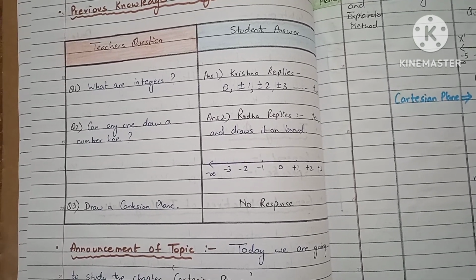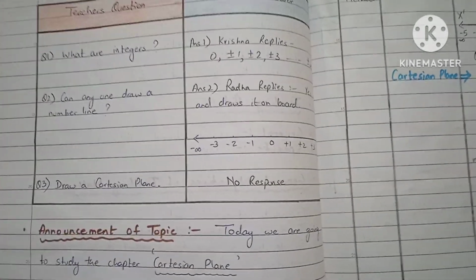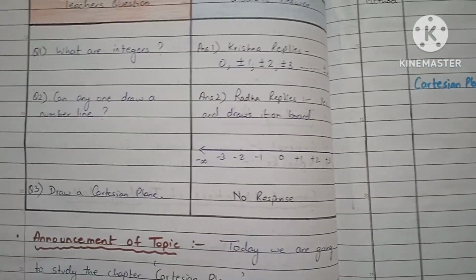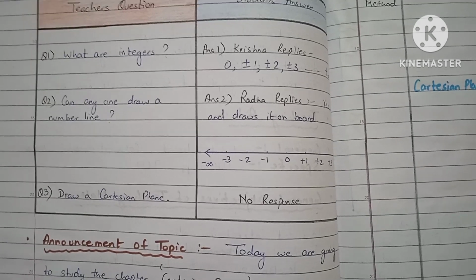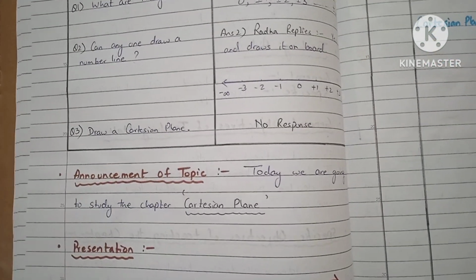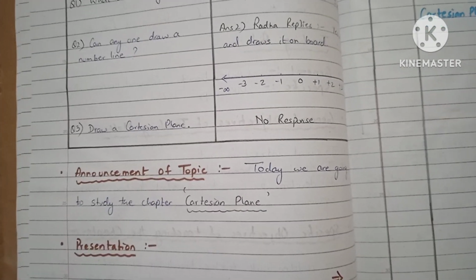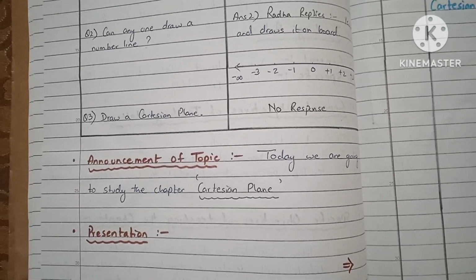Radha comes and draws a number line on the board. Then the third question is: draw a Cartesian plane. There is no response. So the announcement of the topic is: today we are going to study the chapter Cartesian plane. The presentation is as follows.